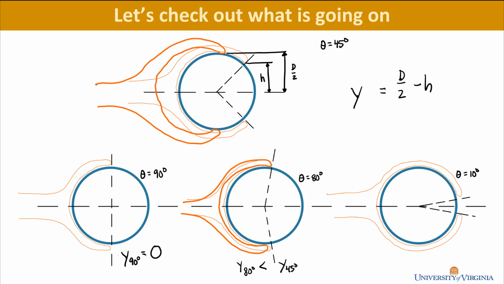And then for 10 degrees on the far right, that's going to have to deflect a massive amount in order to get over the rod because it's almost closed on the other side. The h for it is very small, and the diameter of the rod hasn't changed, right? So it's going to have a massive amount of deflection, which would be larger than the amount of deflection for 45 degrees.